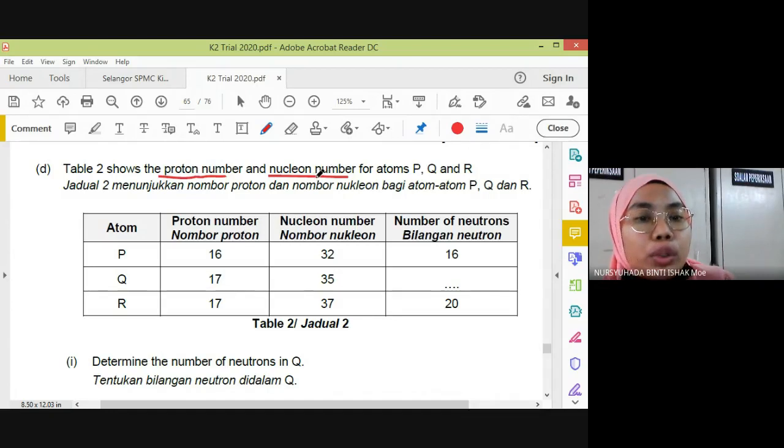Nucleon number also term, definition dia adalah total number of proton and number of neutron. Very good. Janganlah cari, memang takkan jumpa electron number, neutron number, tak ada. Ini dua sahaja yang ada term, proton number and nucleon number.